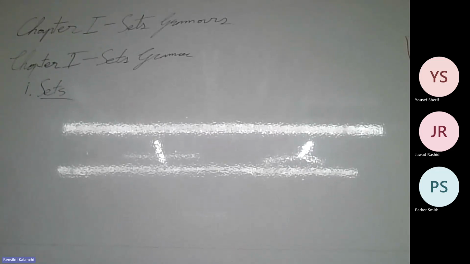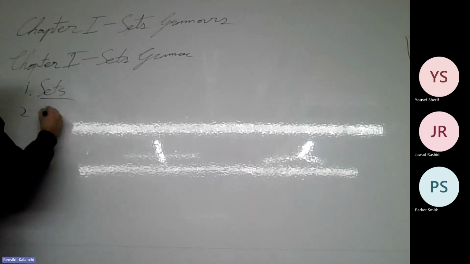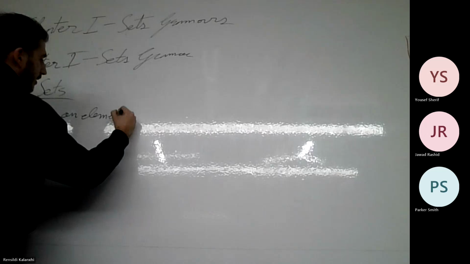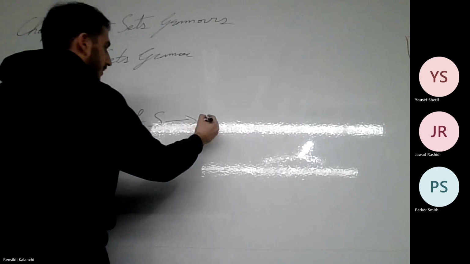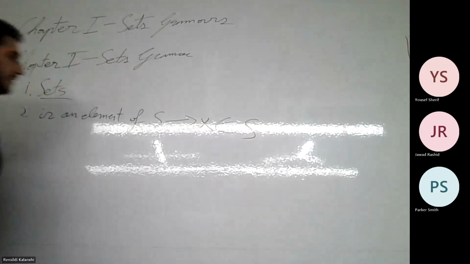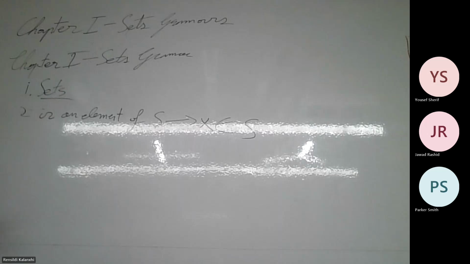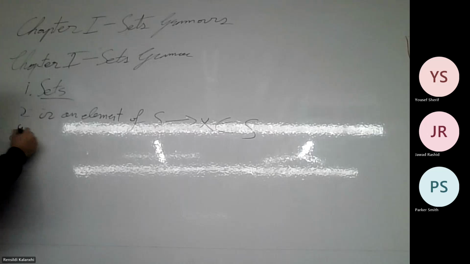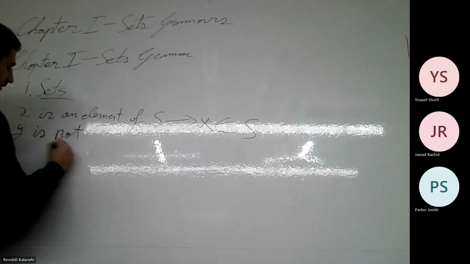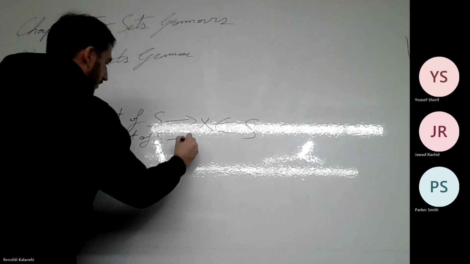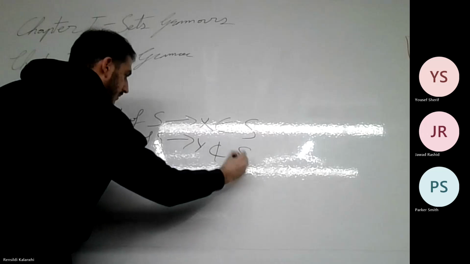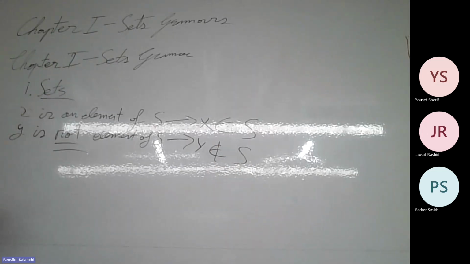If you want to say X is an element of big S, you can say it by saying X is an element of S. And if it's not, it's going to be very simple.